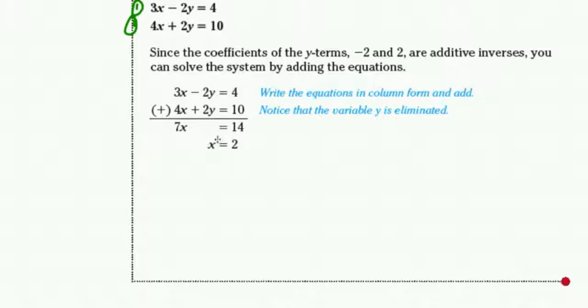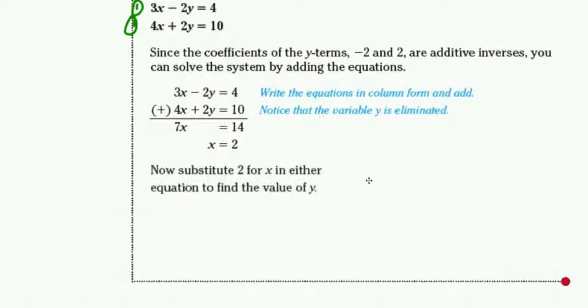Now we get 2 and substitute it back to either equation 1 or equation 2. So we substitute x in either equation to find the value of y. In this case, we substitute it to 3x minus 2y equals 4. So if x is equal to 2, this becomes 3 times 2 minus 2y equals 4.